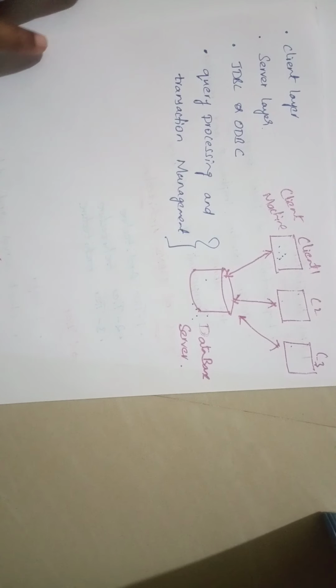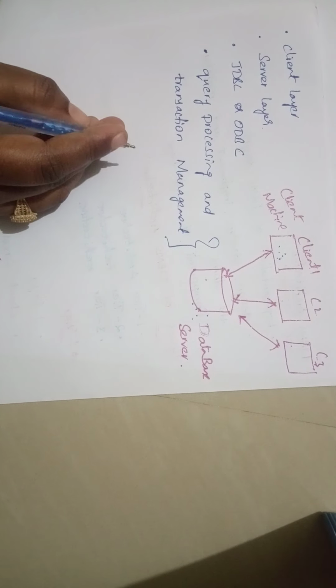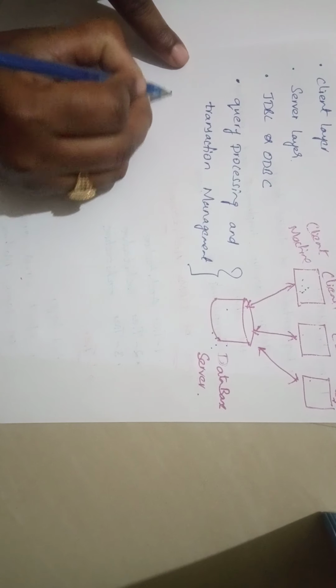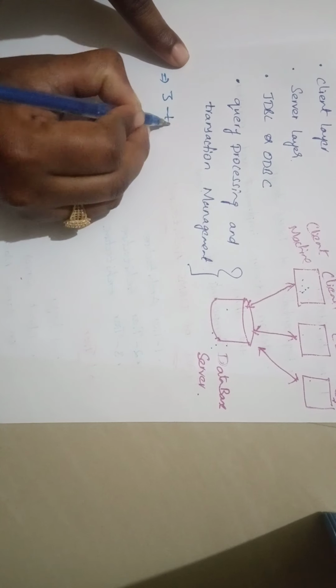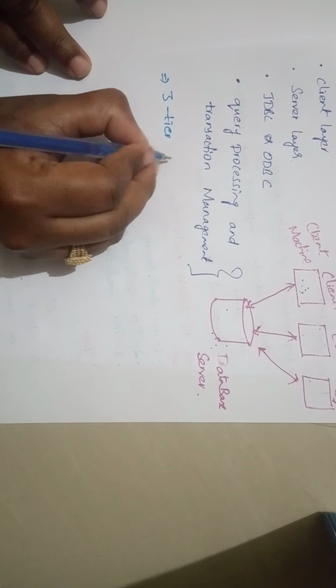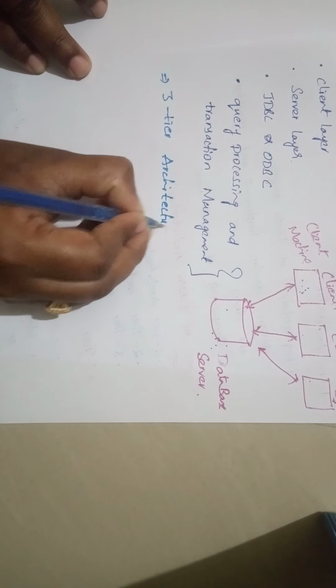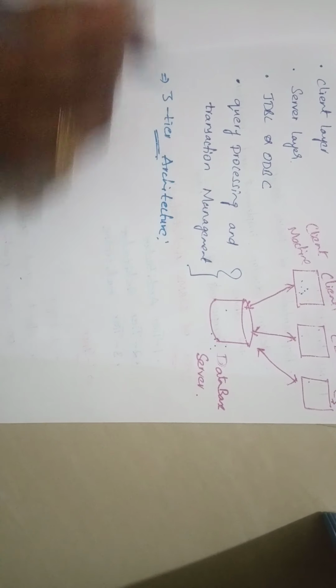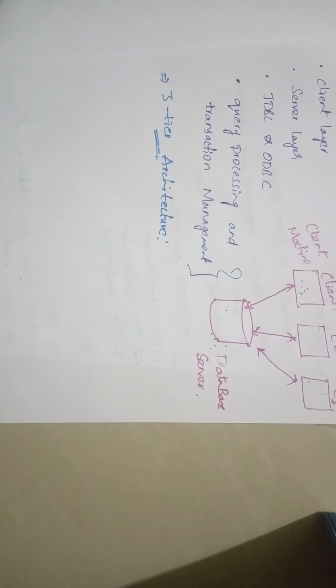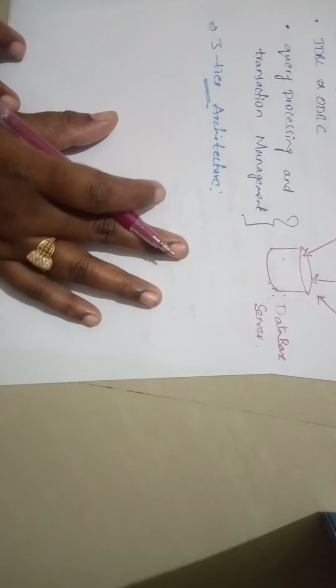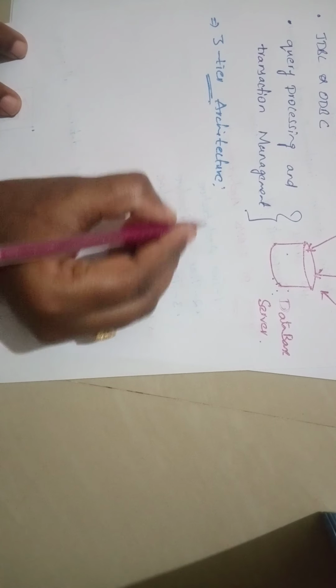And the next one is three-tier architecture. Three-tier means three layers.